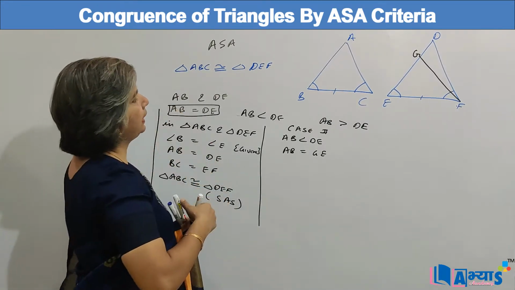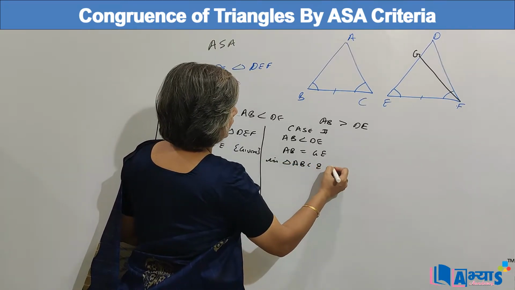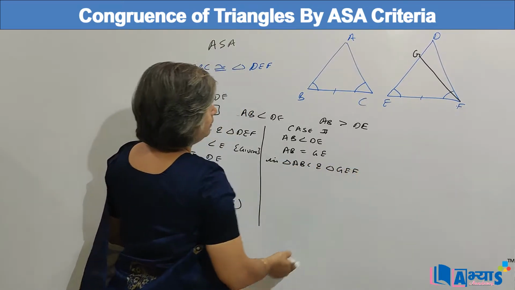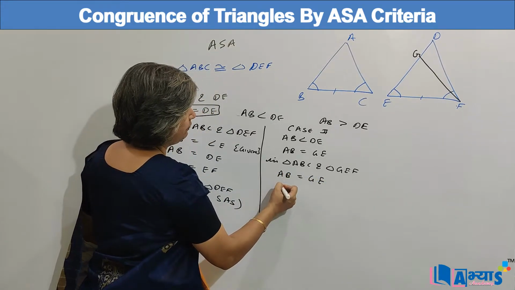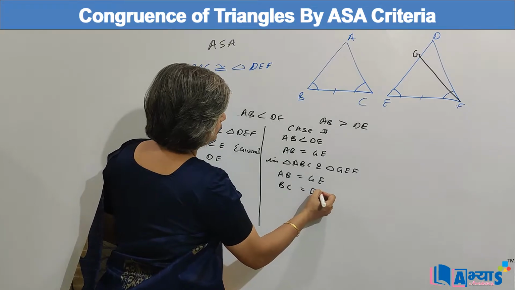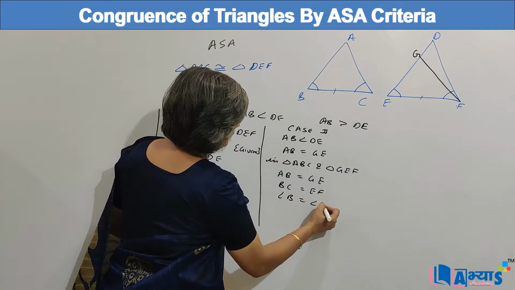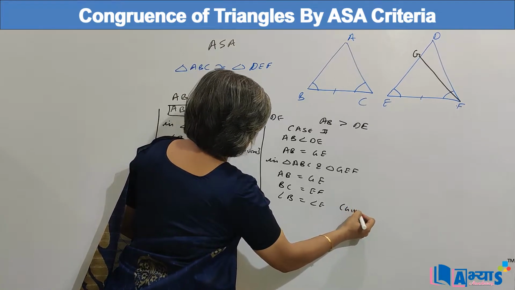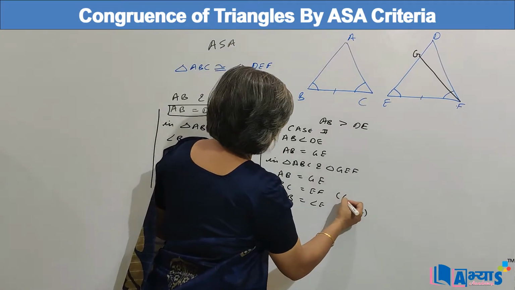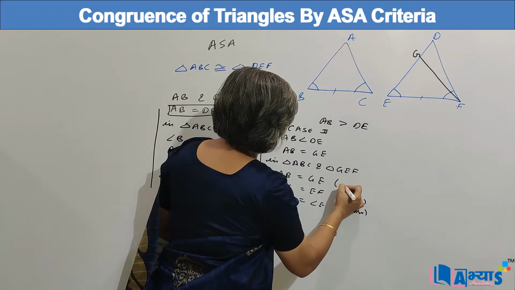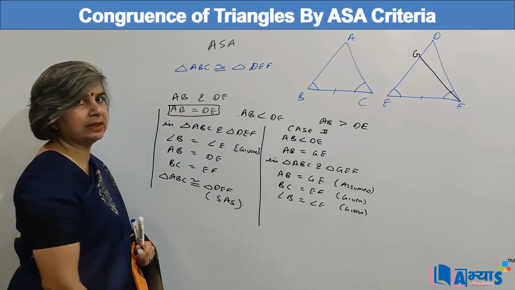And now in triangle ABC and triangle GEF, we know that AB is equal to GE, and we have been given that BC is equal to EF and angle B is equal to angle E. This is also given in the statement, and this we have assumed, or we can say by construction.